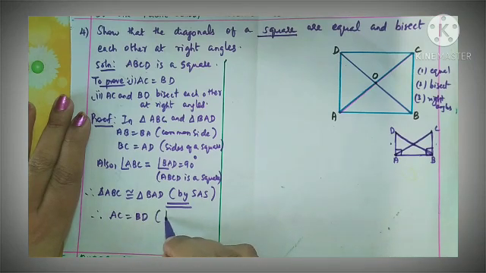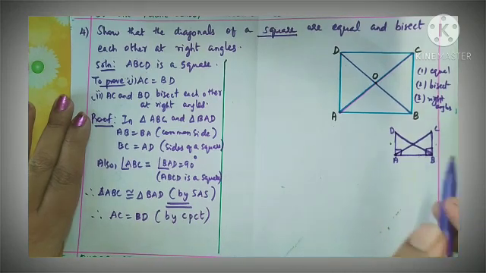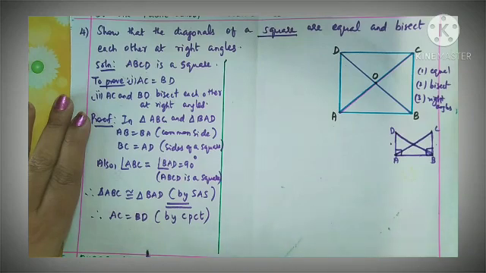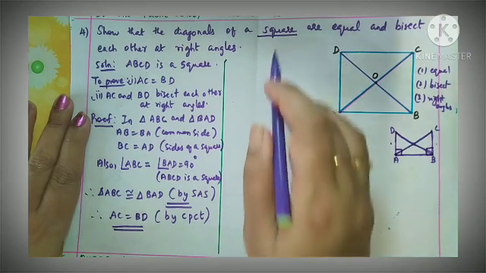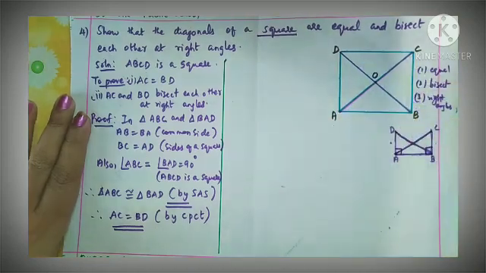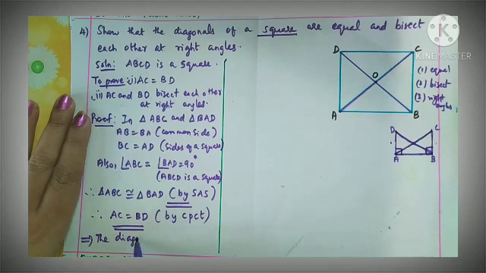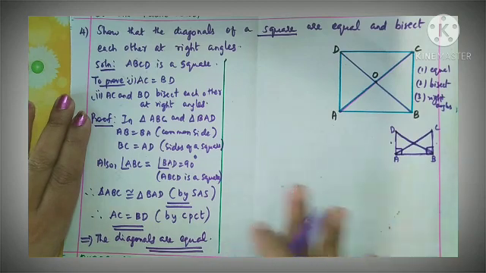Why? By CPCT. Thus we got our first result: AC equal to BD. What do you mean by AC equal to BD? The diagonals are equal. Understand? So we got the first result.